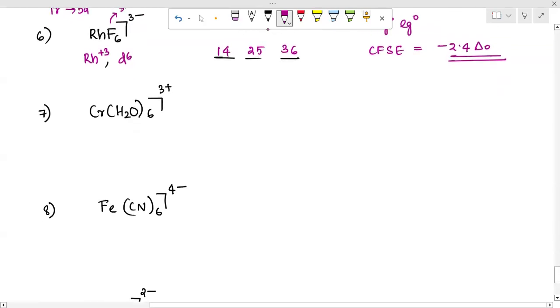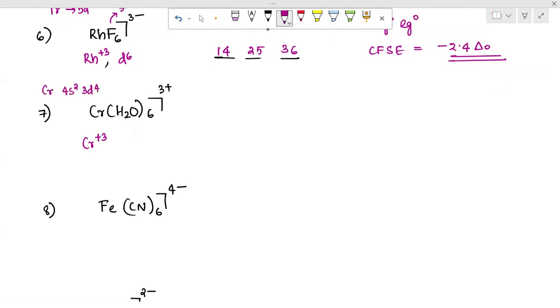Next one, water is neutral. Chromium would be 3 plus. Scandium, titanium, vanadium, chromium. Chromium is actually 4s2 3d4. So here it is 3 plus. So 2 electrons will go from S and then 1 will go from D. So meaning it will be D3. And this is a 3D metal.